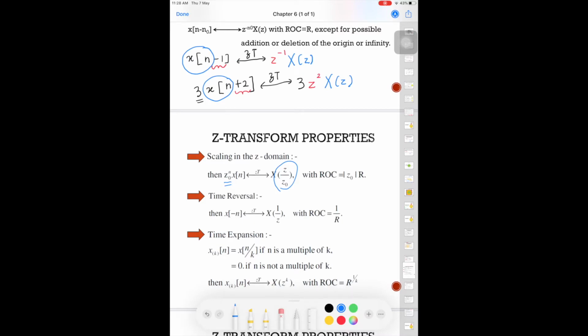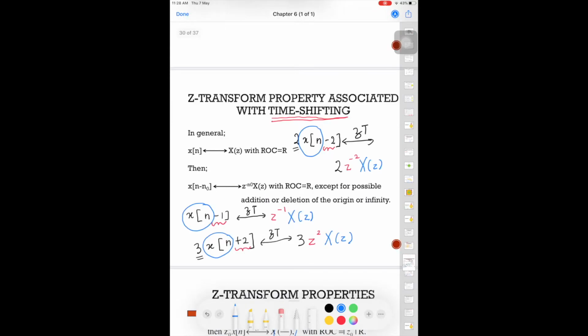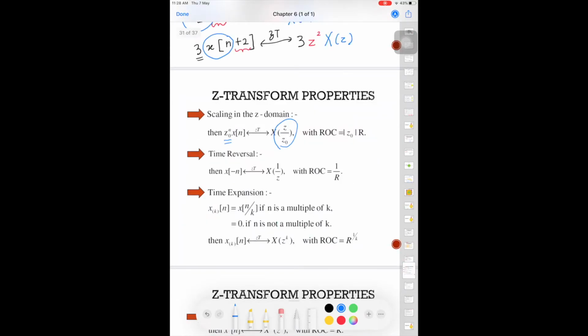For time reversal, if you still remember in your DTFT, you have x[-n]. In DTFT, we get X(e^-jω). But for the Z transform, instead of z^-1, we replace z with 1/z.